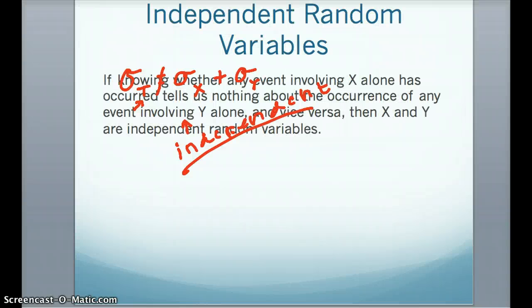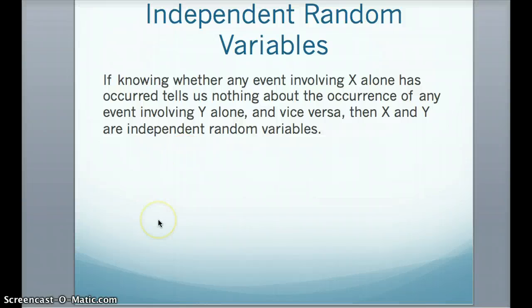First, let's take quick notes about independent random variables. If knowing whether any event involving X alone has occurred tells us nothing about the occurrence of any event involving Y alone, and vice versa, then X and Y are independent random variables. Independence explains it all.